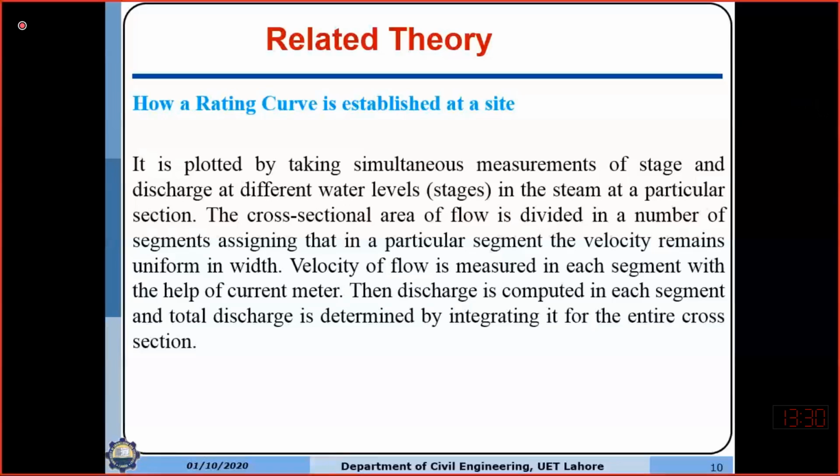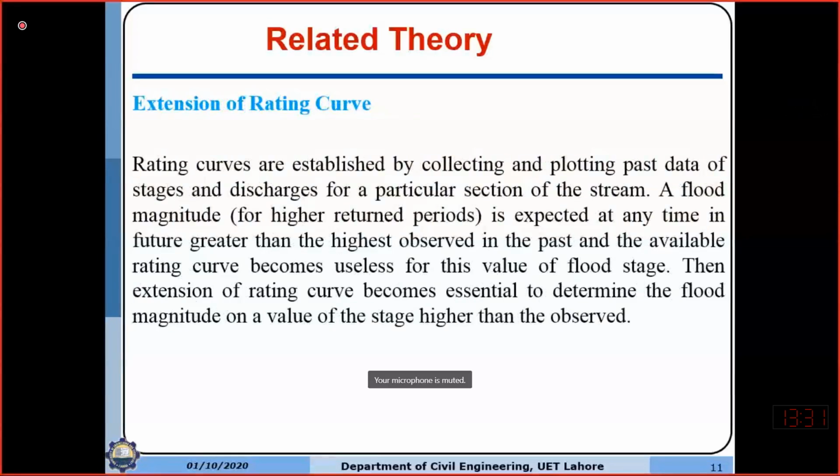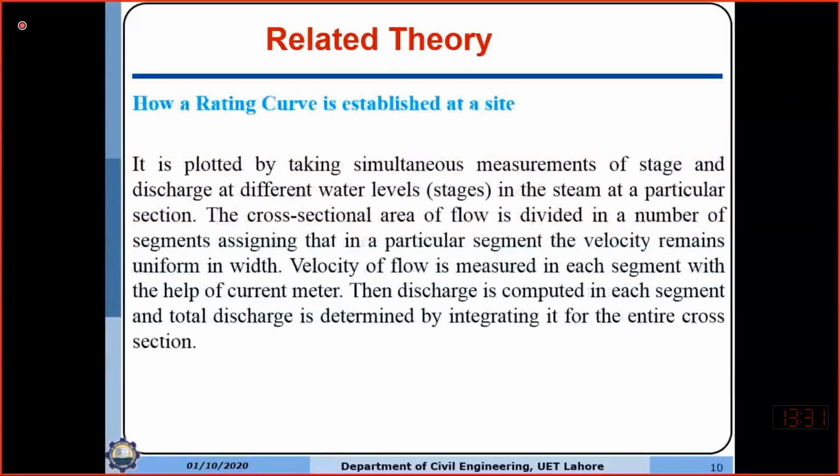That is how to measure the discharge and stage in the river, and then similarly we have to plot the stage and discharge, that is the rating curve. Extension of rating curve. Now once you plot the rating curve for a river gauging station, remember this, for the river gauging station rating curve is a must, because you cannot measure the discharge every time or all the time.